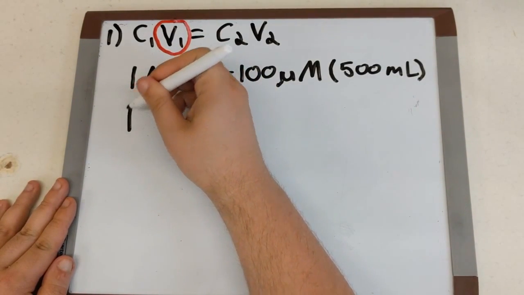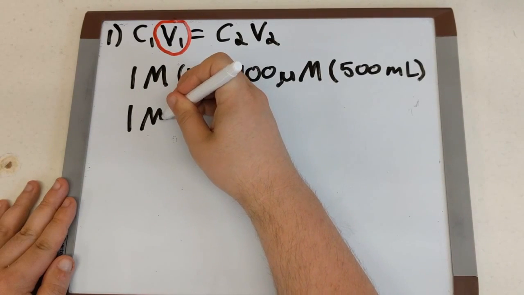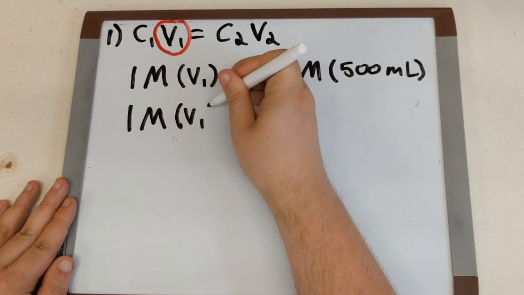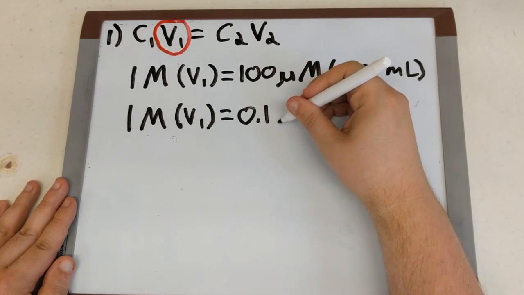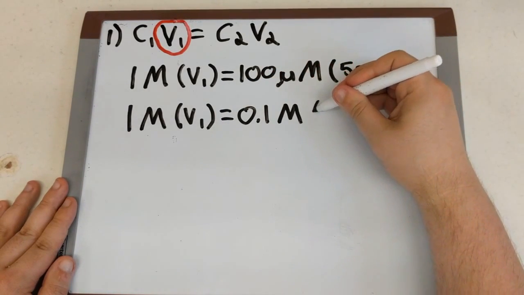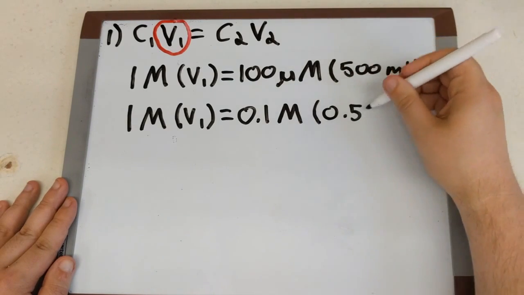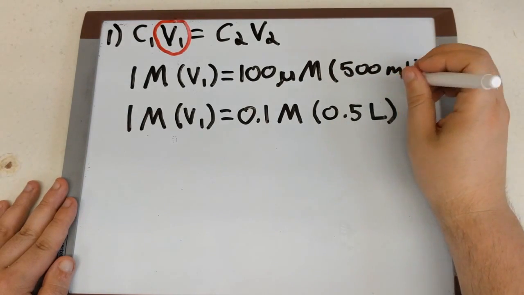The first step is to convert everything into equivalent units. So 100 micromolar has to be converted into molar, and 500 mils has to be converted into liters.